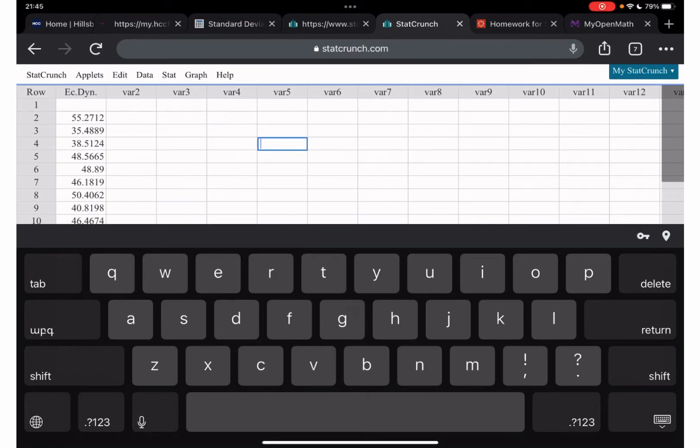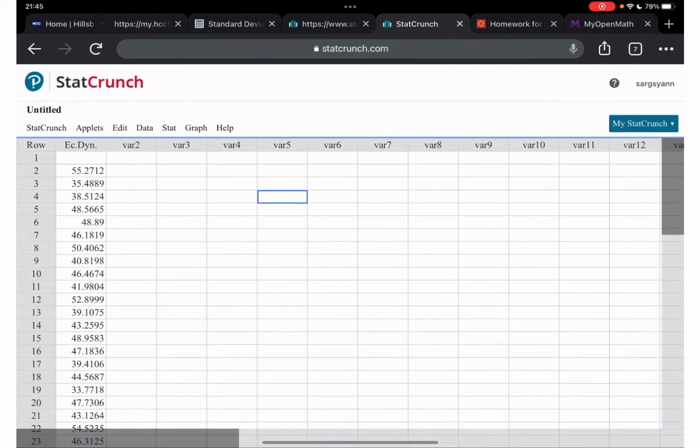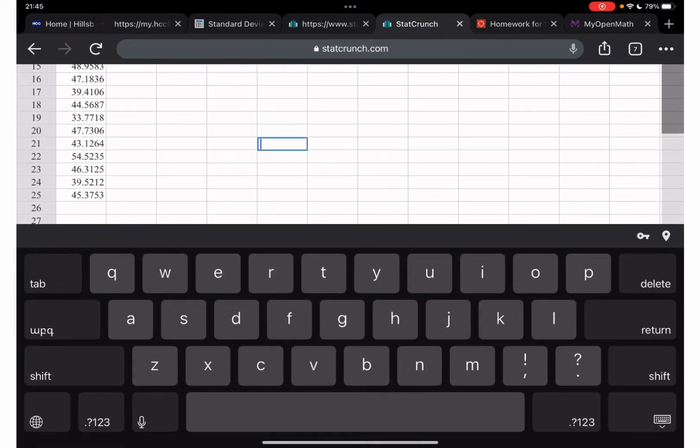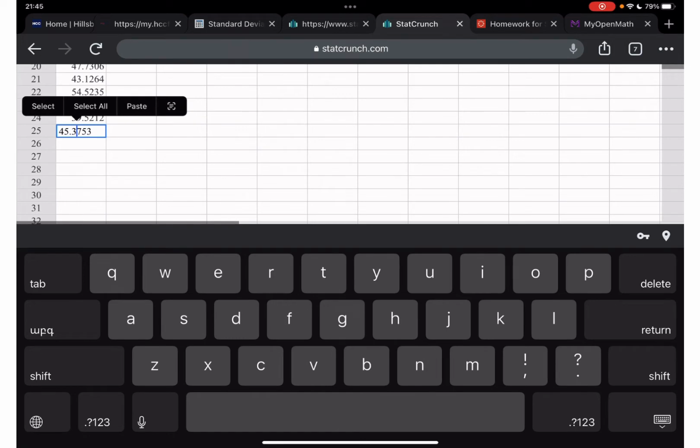And I'm going to take the last digit here and move it to the first one that is empty.